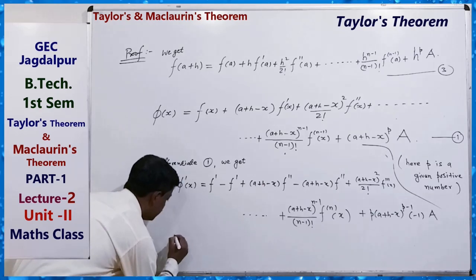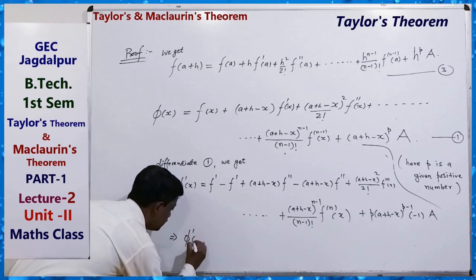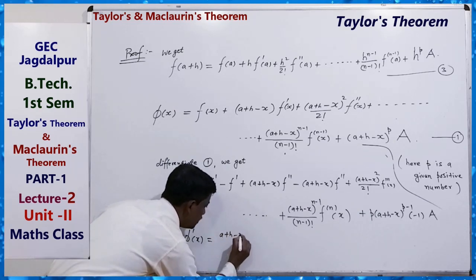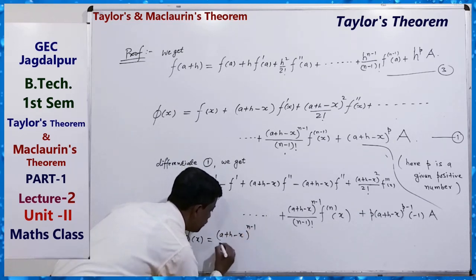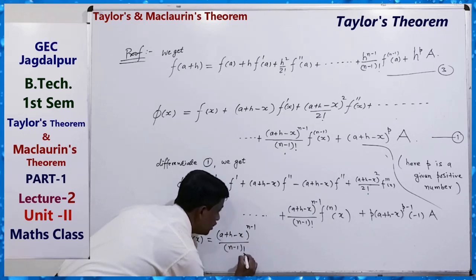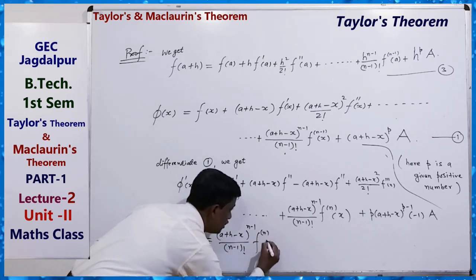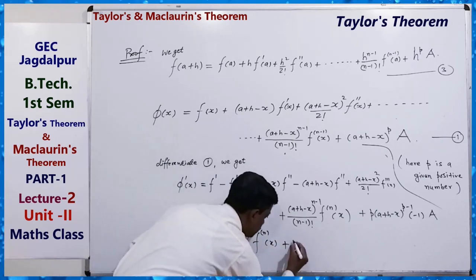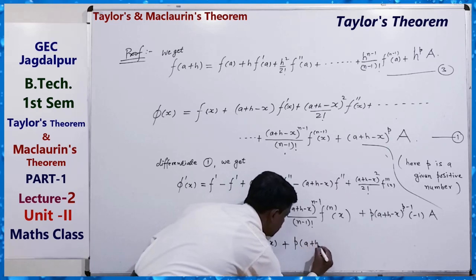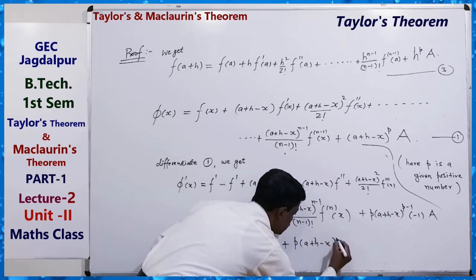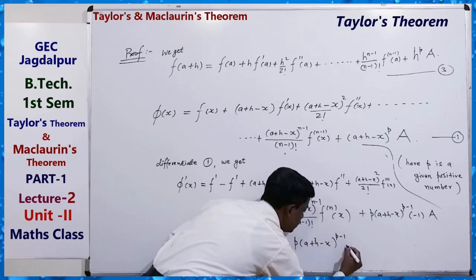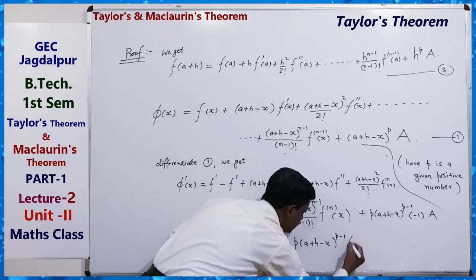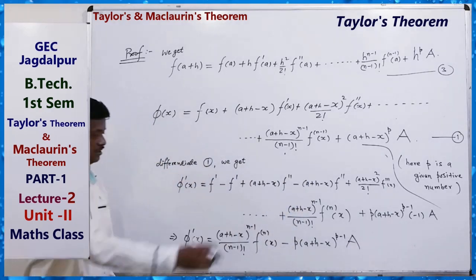So we get phi dash x equals (a plus h minus x) power n minus 1 upon (n minus 1) factorial, f n derivative x, plus p (a plus h minus x) power p minus 1, here with the minus sign, into the constant.